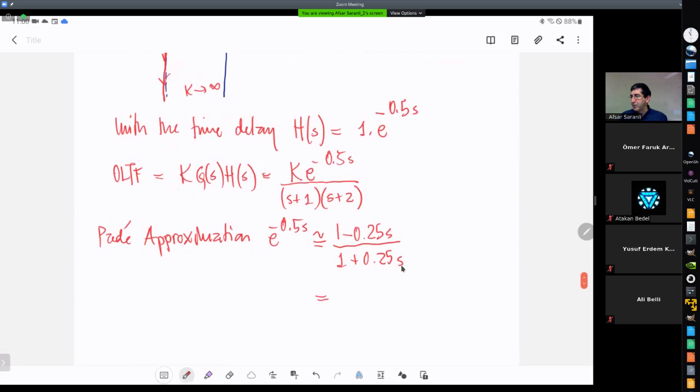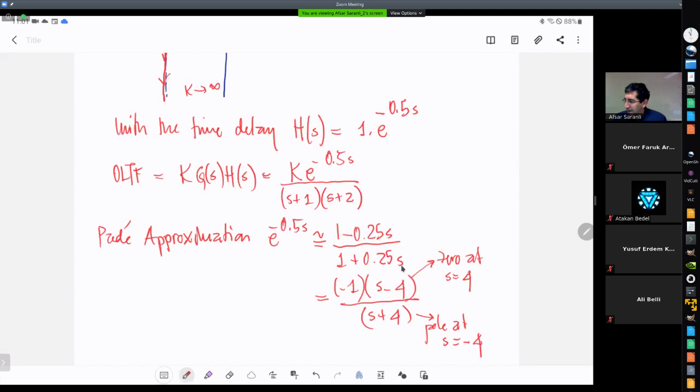If we take the 0.25 factor out, we will have minus 1 times (s minus 4) over (s plus 4). Okay, so we have a zero at s equal to 4, and also a pole at s equal to minus 4, and also we have a minus 1 constant.